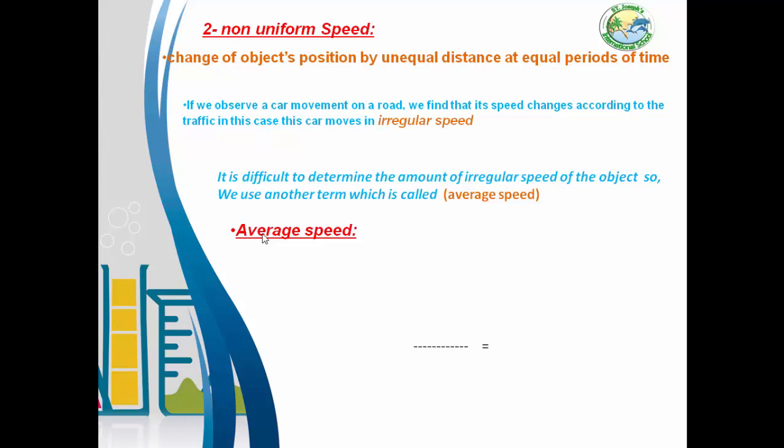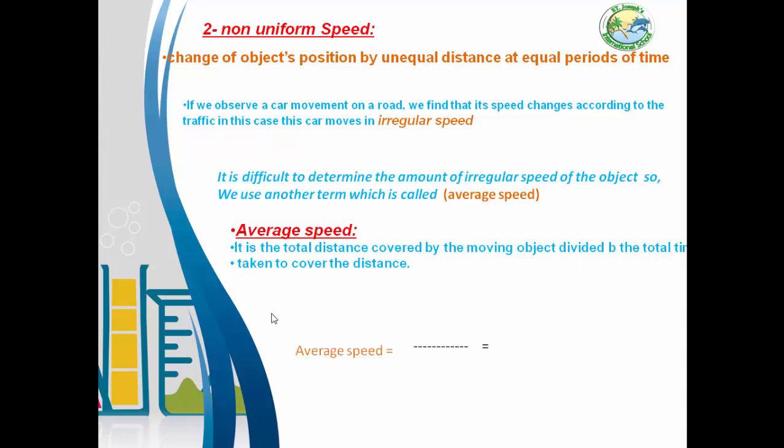What is the average speed? Average speed is the total distance covered by the moving object divided by the total time taken.